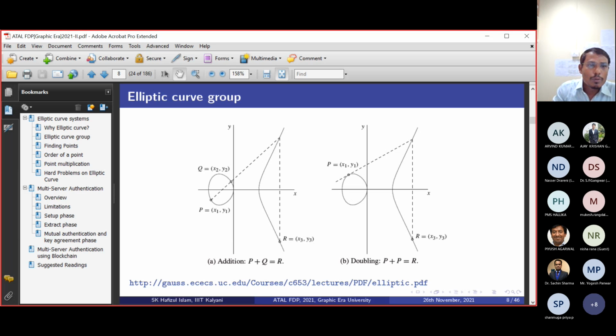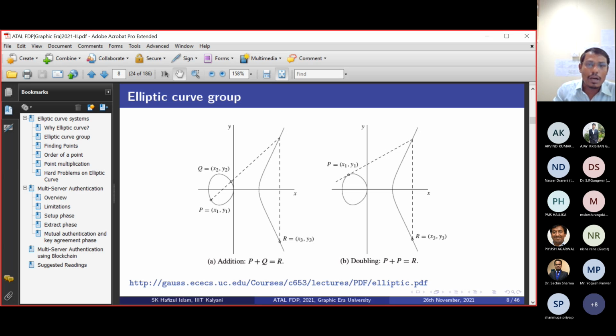Now the chord PQ, we denote its equation as y equal to mx plus c, right? This chord passes through the points P and Q, and it will cut the curve at x3, y3 prime. So here you see the x coordinates x1, x2 and x3.